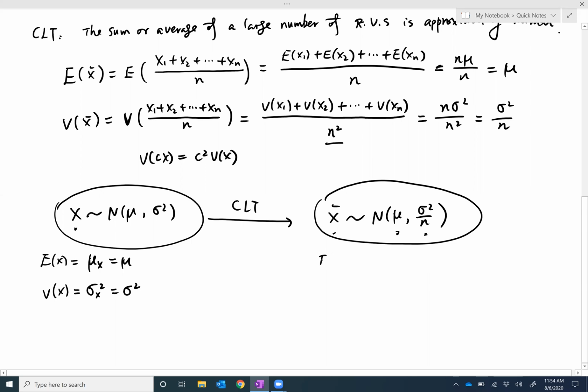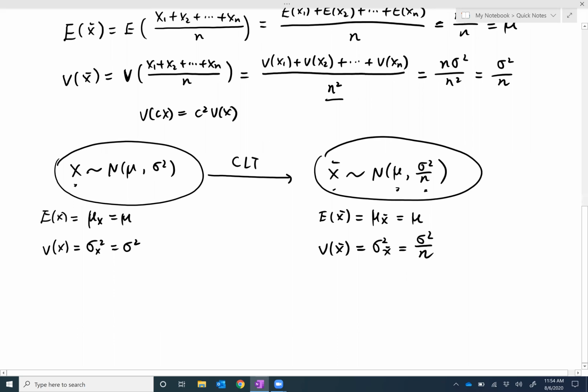The expectation of x bar equals mu, and the variance of x bar equals sigma square over n. Make sure you are clear about the notation differences.